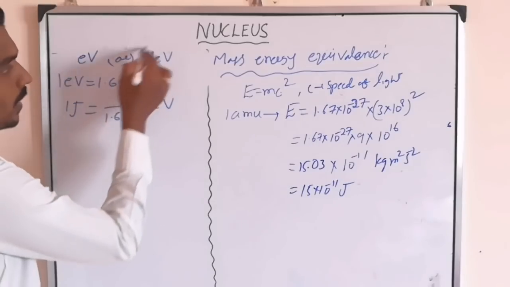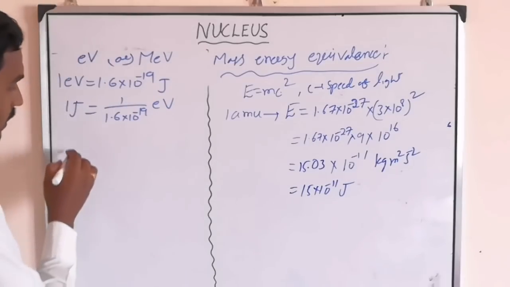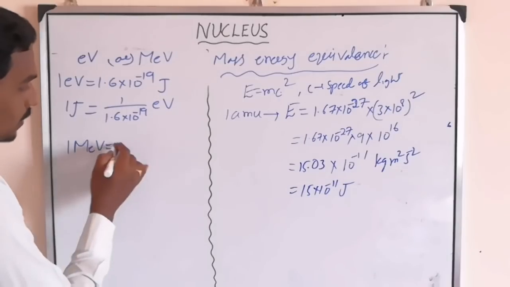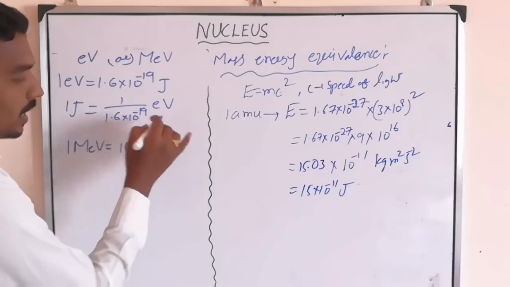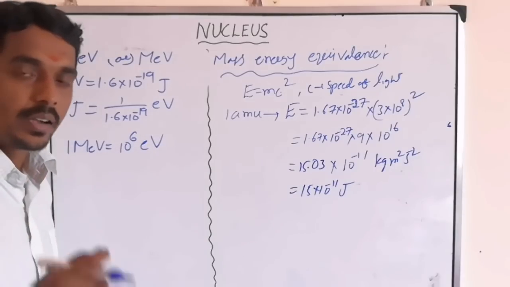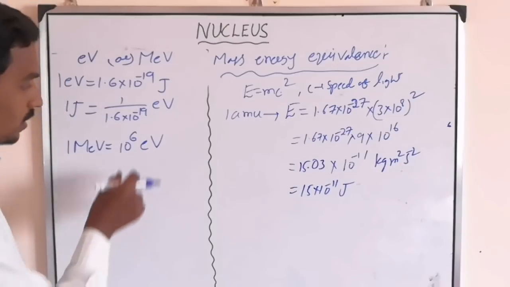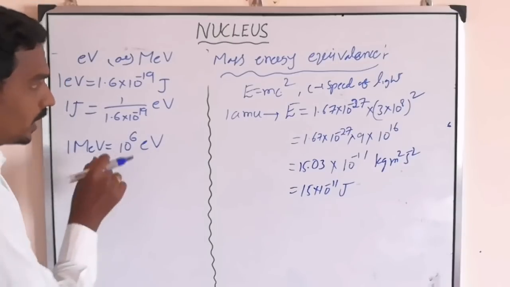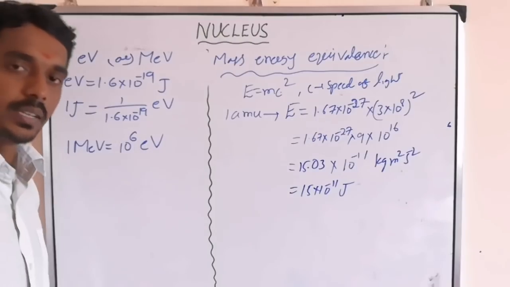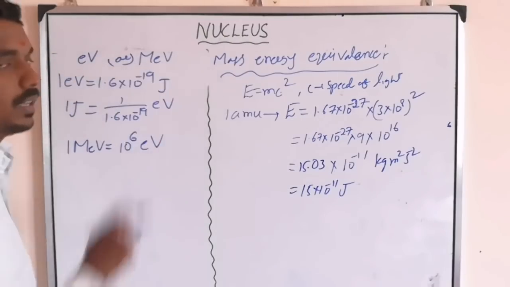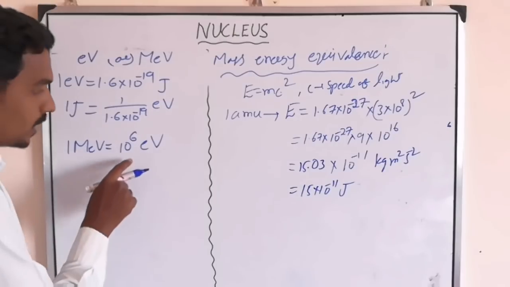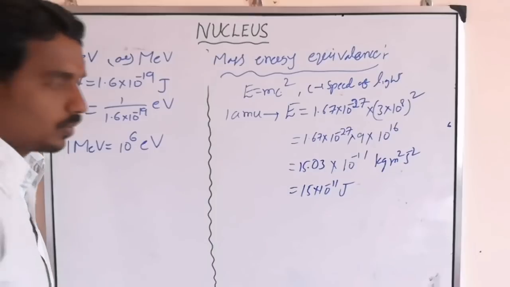One more thing: mega means 10 power 6, giga means 10 power 9. You need to express in mega electron volt, because most of the time in numericals they will give mega electron volt. So 1 mega electron volt means 10 power 6 electron volt.